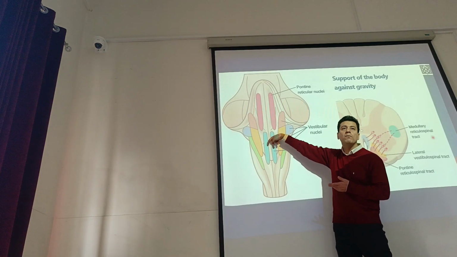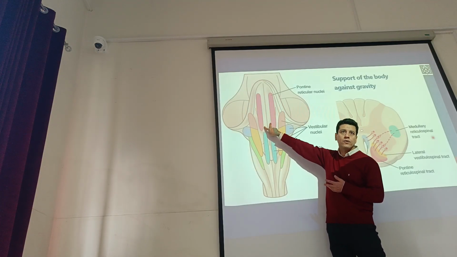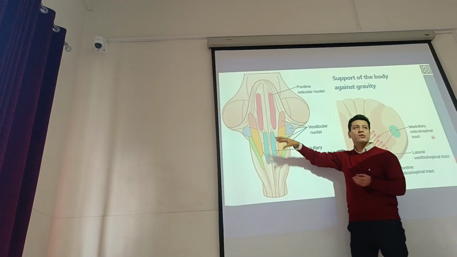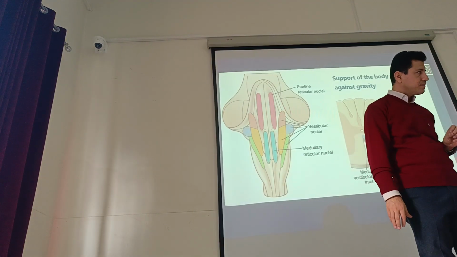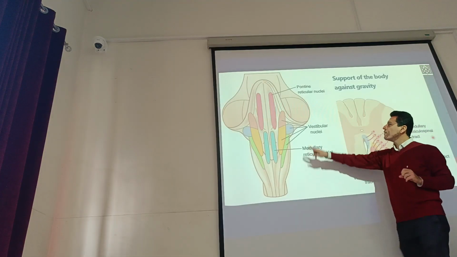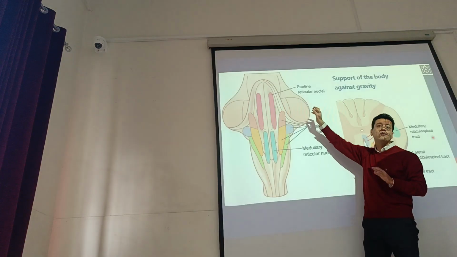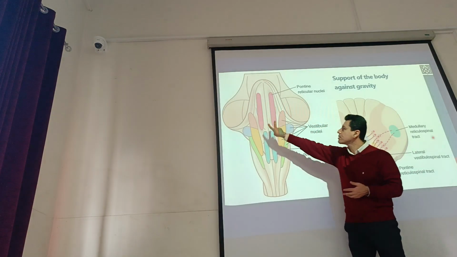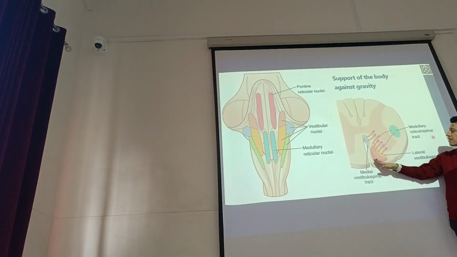From the two medullary reticular nuclei and the two pontine reticular nuclei, we have axons that go down through the spinal cord. From these two, we have the pontine reticulospinal tract. Let's see here.